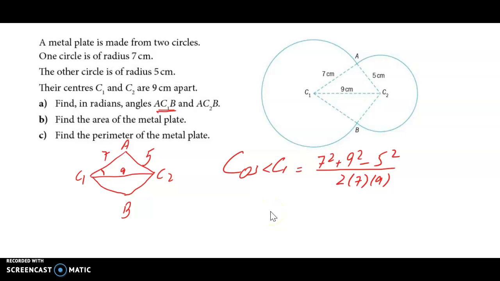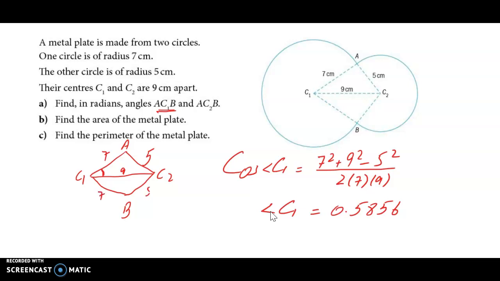If we use the calculator here, this angle C1 will be 0.5856.